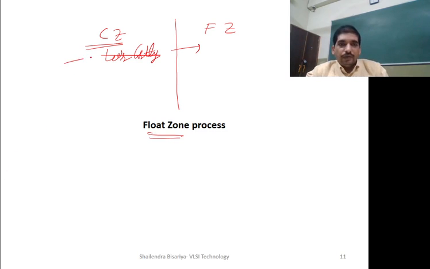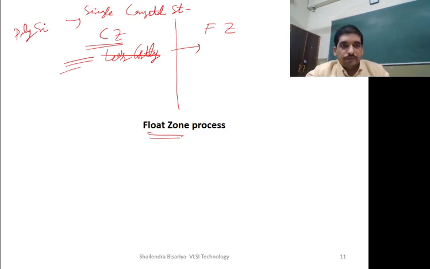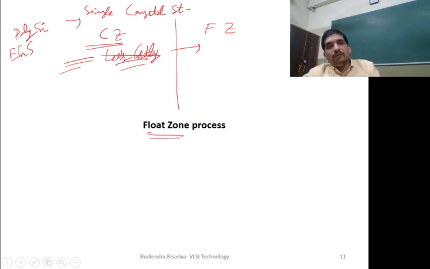Both are used for the purpose of obtaining single crystal structure from polycrystalline structure, right, from EGS. But if we compare the two, we can say that the CZ method is less costly. That is why it is widely used.